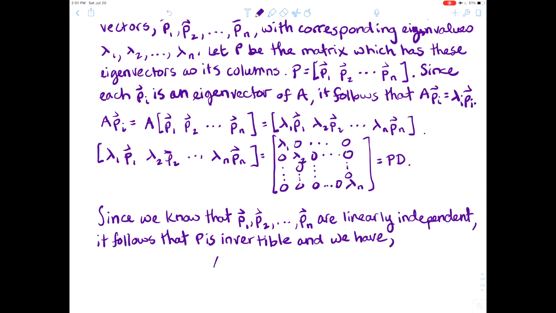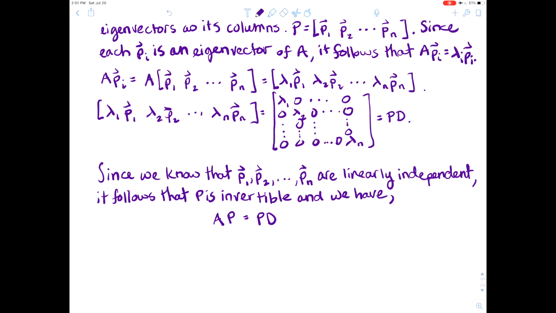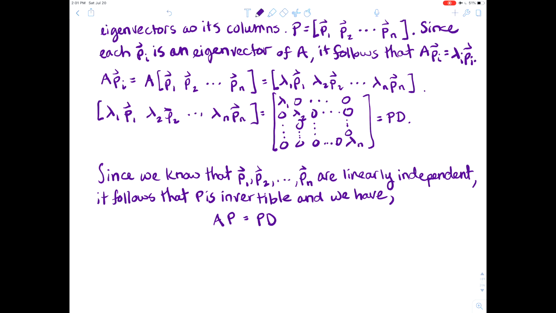A times P is equal to P times D. Well, we know that P is invertible, so we can multiply on the left side by P inverse.